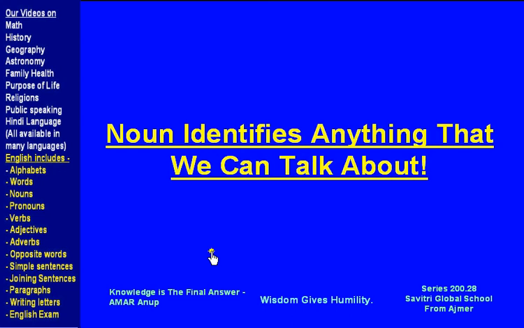Even a better definition I found is that a noun identifies anything that we can talk about. We can talk about air, it's a noun. We can talk about person, it's a noun. We can talk about dog, it's a noun. We can talk about weather, it's a noun. So everything we can talk about is a noun. That makes it very easy to understand what is a noun.